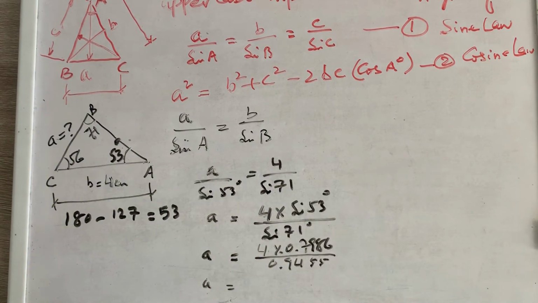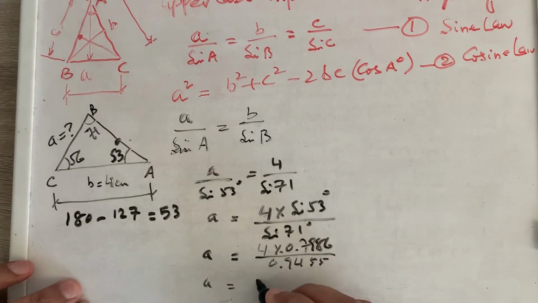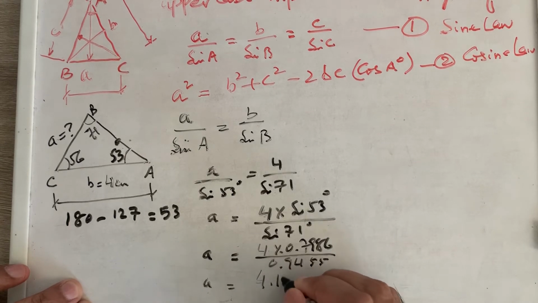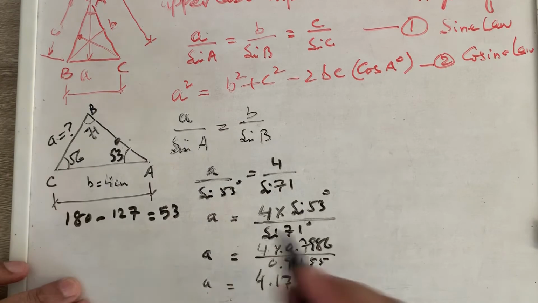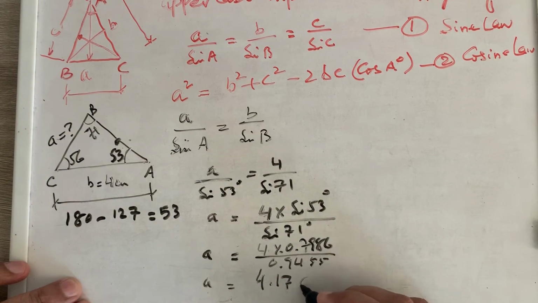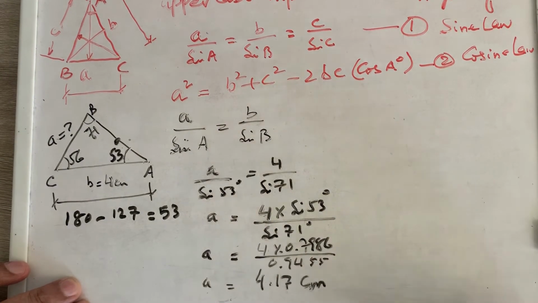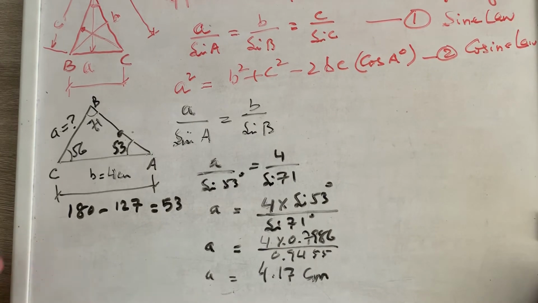So I will say 4 times 0.7986 divided by 0.9455, and that gives me 4.17. So this is what a is. My unknown was a, and what is the dimension? The dimension is centimeter, because the dimension is given in centimeters.